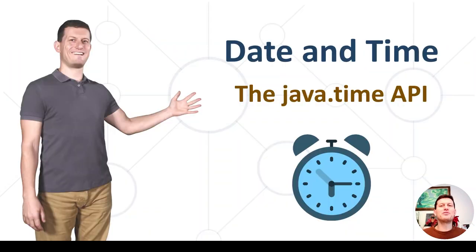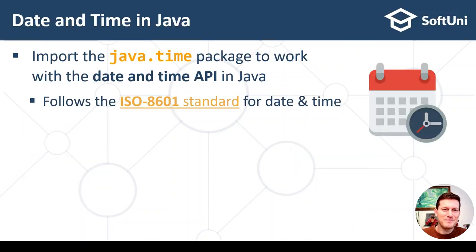Let's now talk about dates and times in Java. I will explain the Java Time API and will give you lots of examples and will solve a practical problem with Java Time.